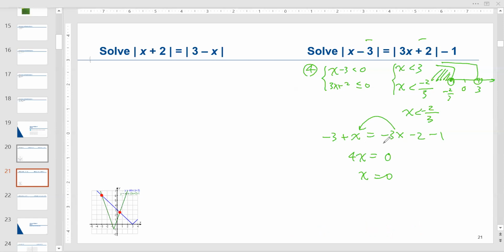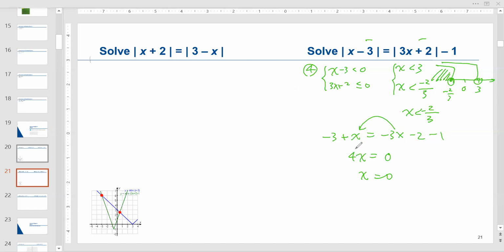So you can see here is 4x and both sides x equals 0. X equals 0 is actually not in the range, right? It's not in the range. Okay, so there is no solution for this part. Let me double check here. Negative 3 plus x, here is negative 3x, negative 2, negative 1.